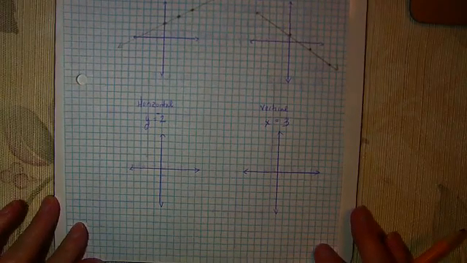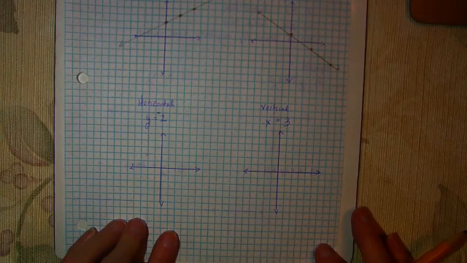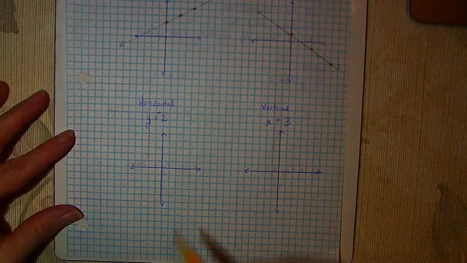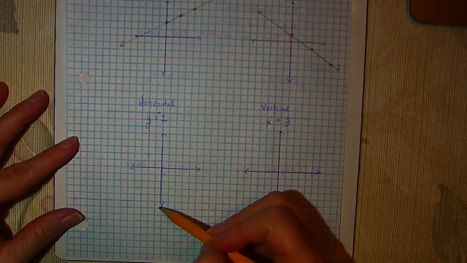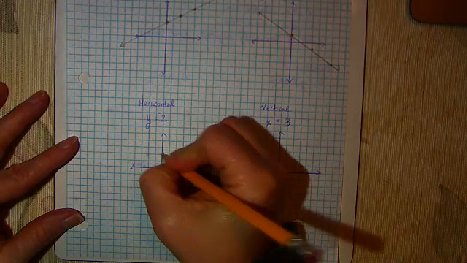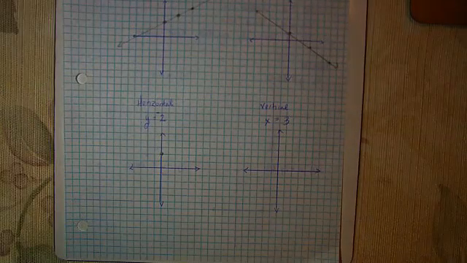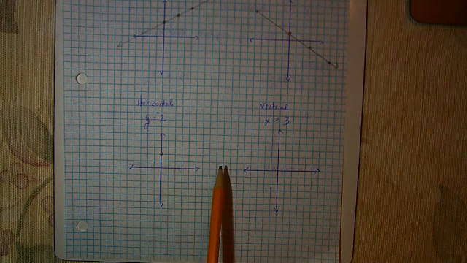So in this one here, where it does say y equals 2, we just have to remember which one is the y-axis. So the y-axis is the vertical axis. So what I'm going to do is I'm going to go to 2. Okay, I'm going to put a little point right there. Now, what this means is if my y value is 2, it has to go through the y.